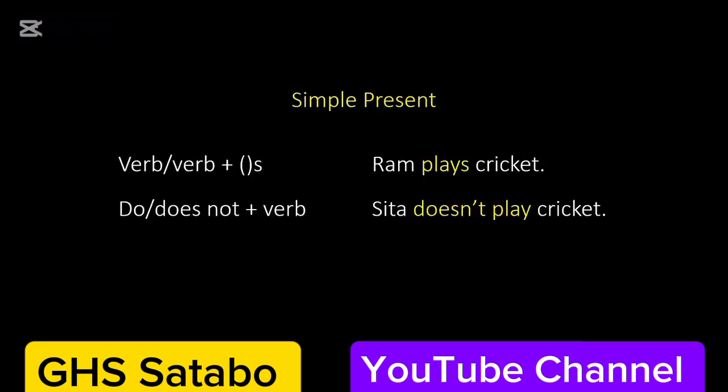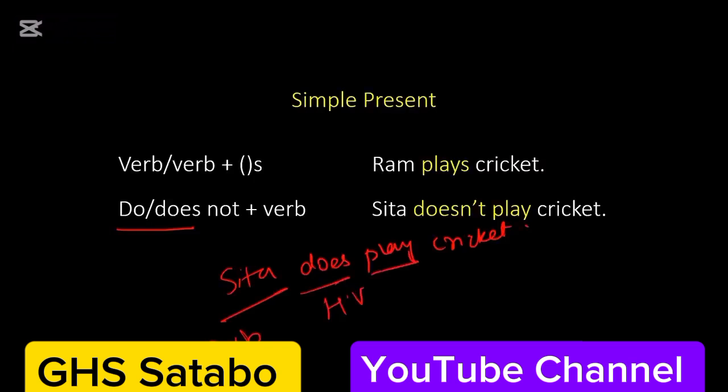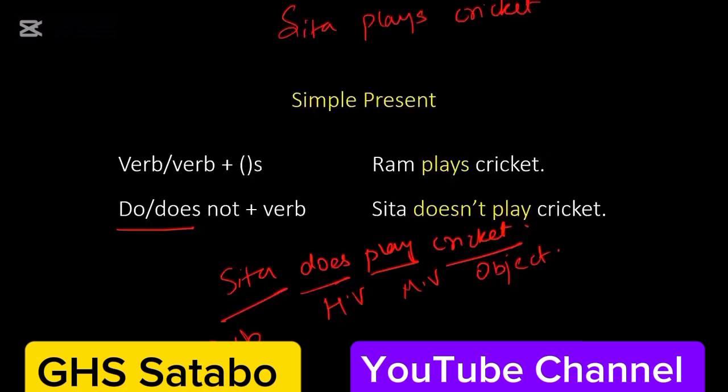You will find in certain situations do and does to be used with your main verb. So if we look into this example, Sita does play cricket. Now you have Sita as your subject, you have does as your helping verb, play will be your main verb, and cricket is your object. So now, if we generally write this sentence, we would say Sita plays cricket, which is a simple present.